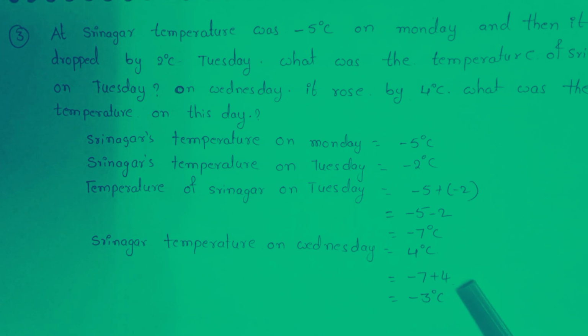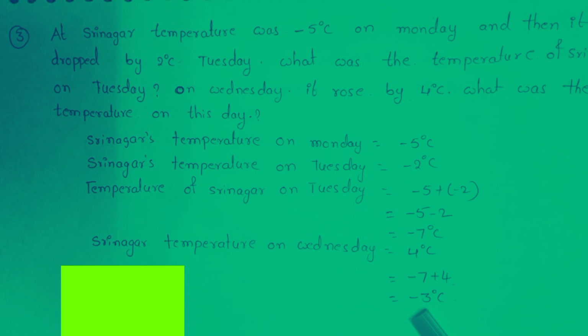Rise means highest, increase. Then minus 7 degrees centigrade, this is rise, so add plus 4. Minus 7 plus 4, there is 3 answer. 7 minus 4, 3. Largest number symbol is minus. So here give the largest symbol sign.